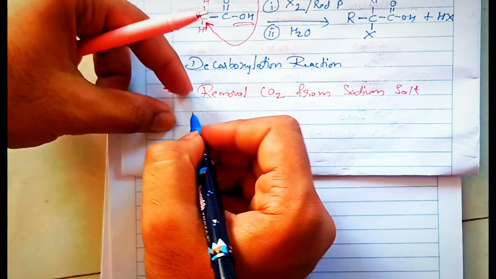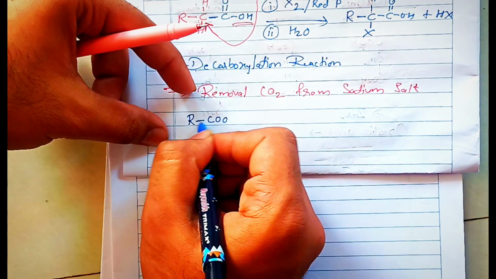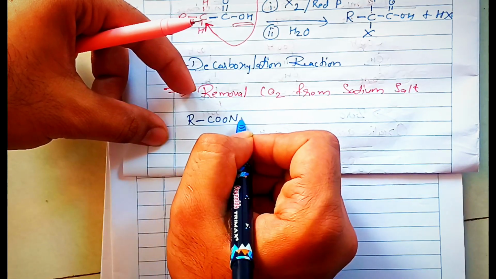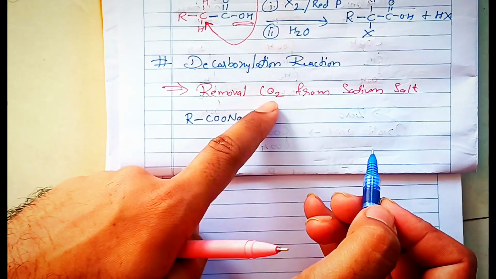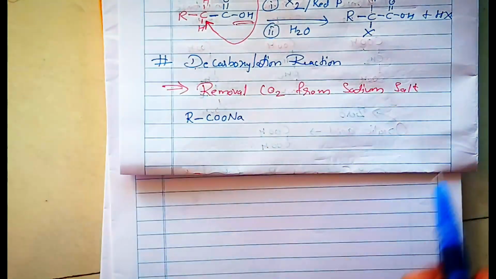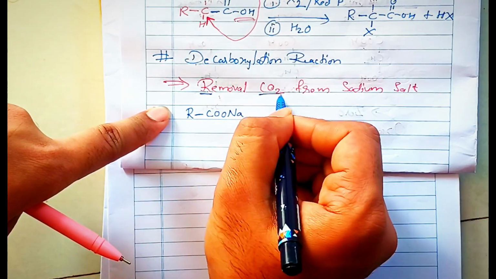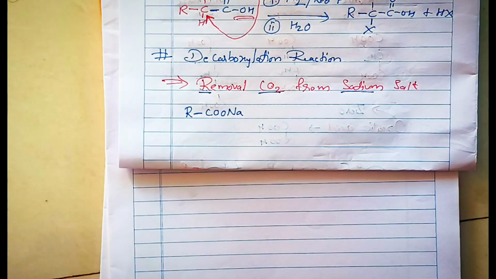Okay, here I will write RCOO. I want to remove this, then I will add sodium, RCOONa. Removal means this R, COO, sodium Na.